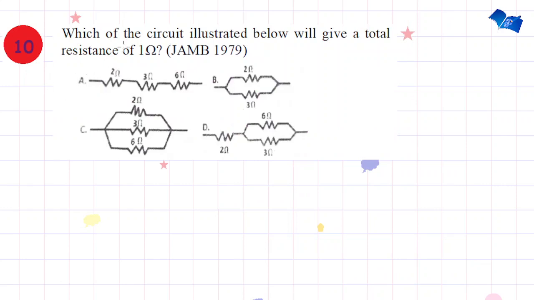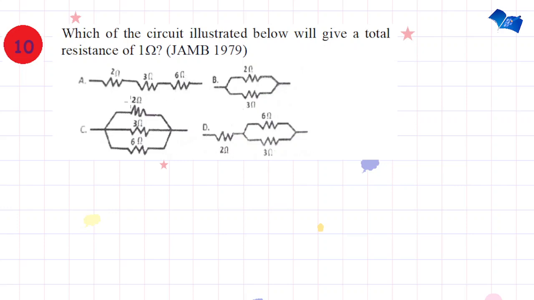Question number 10. Which of the circuits illustrated below will give a total resistance of 1 ohm? This is taken from JAMB question 1979. One clue to solve this question is to know what happens when resistors are connected in series and what happens when resistors are connected in parallel. When resistors are connected in series, the total equivalent resistance should be greater than their individual resistances.